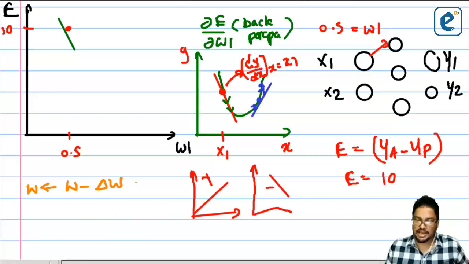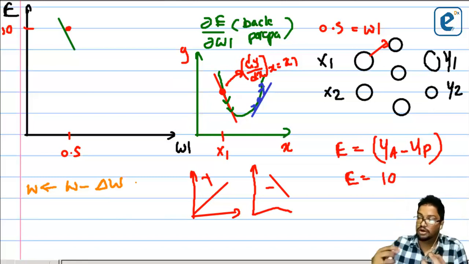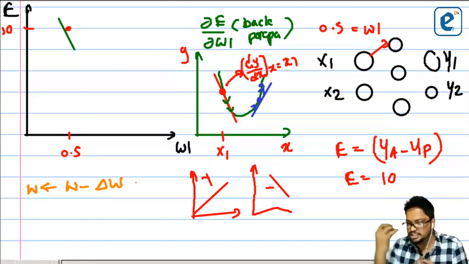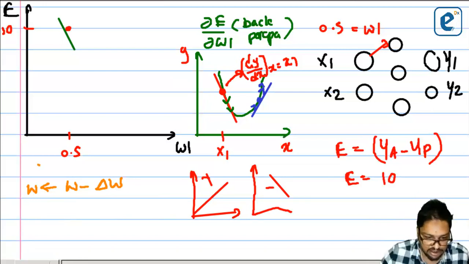That means the new weight is equal to the old weight minus a small portion of the old weight. This is the gradient descent algorithm.